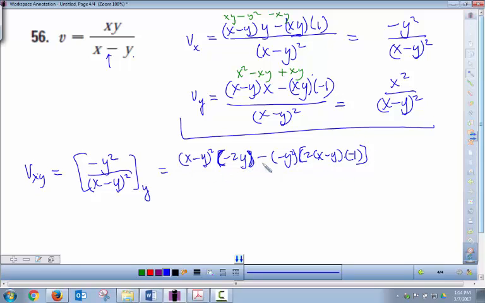So low d high minus high d low all over low squared. So that's x minus y quantity to the fourth power, or squared and then squared after that. So you multiply the powers.